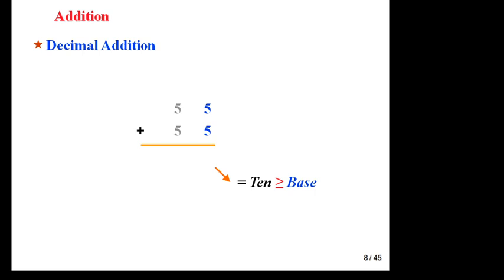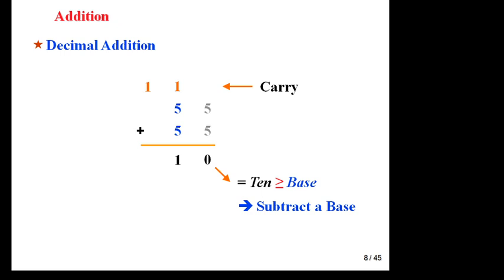So you subtract the base: 10 minus 10, 0. Now 1 carry you forward. Now 5 plus 5 plus 1 is 11. Again 11 is greater than or equal to 10, so 11 minus 10 is 1, and 1 carry you pass.